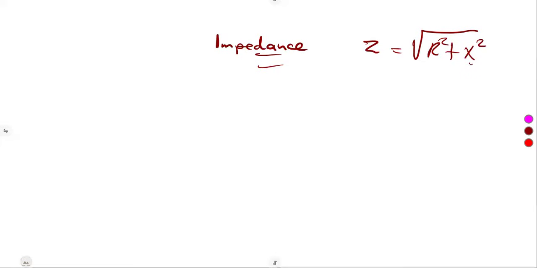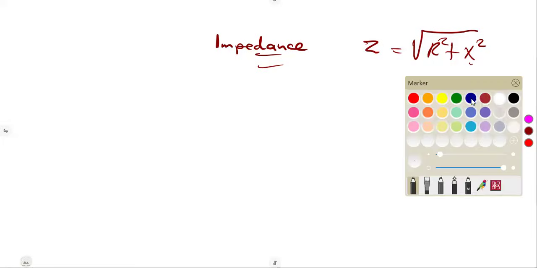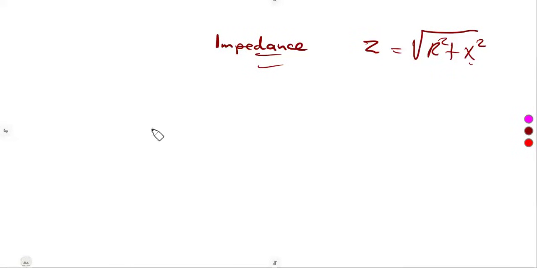X is the reactance, which can be of the inductor or of the capacitor. But in our part, guys, we are dealing with complex numbers. So understanding the impedance is best based on the impedance triangle.